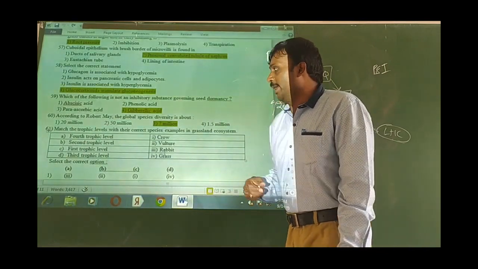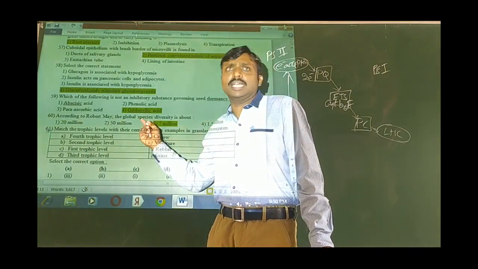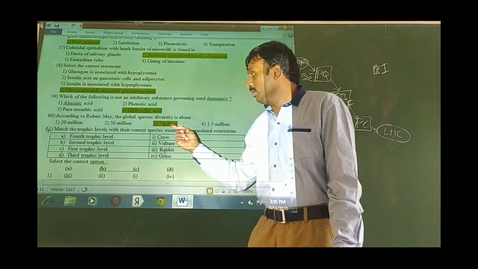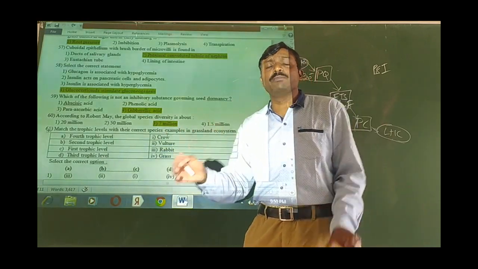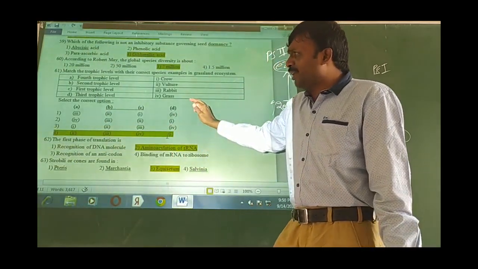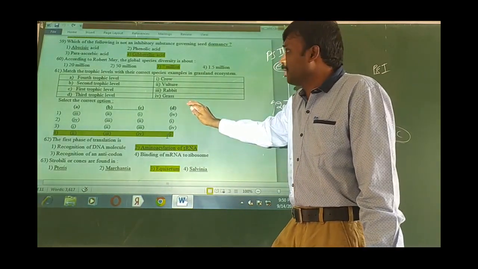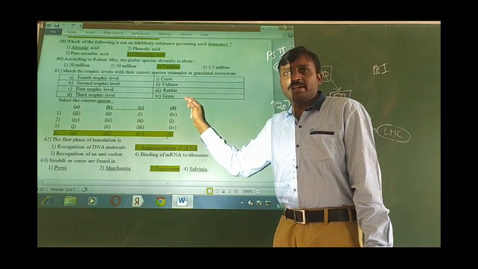According to Robert May, the global species diversity is about... This is from the biodiversity and conservation chapter. So 7 million is the answer. This is also purely based on your memory power. That's all. Then from ecosystem, question 61 gives some different trophic levels and some different examples.